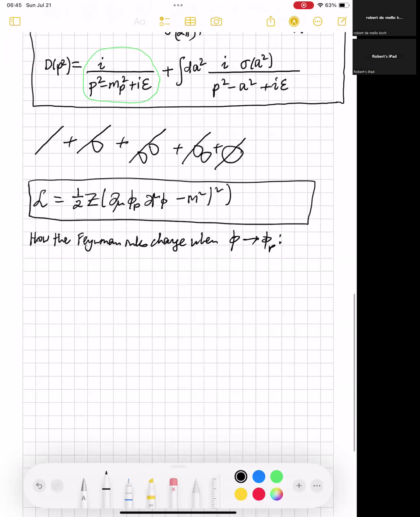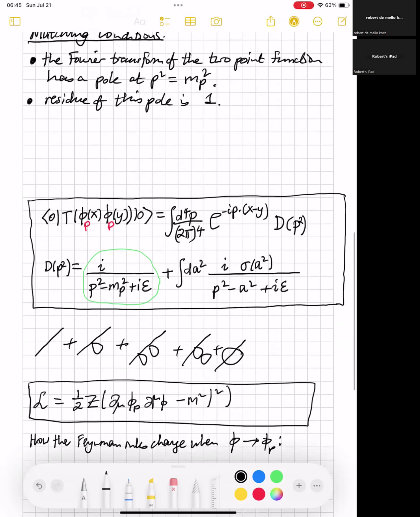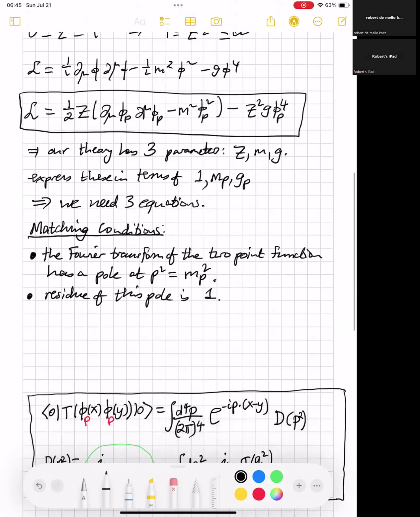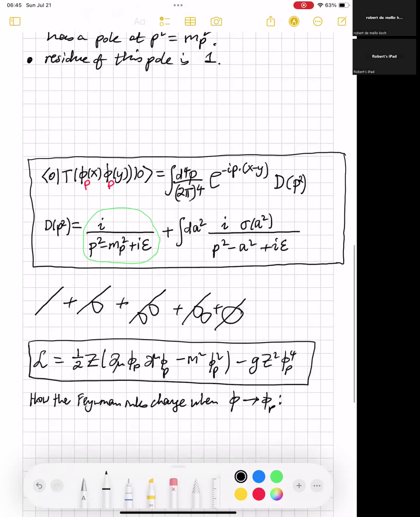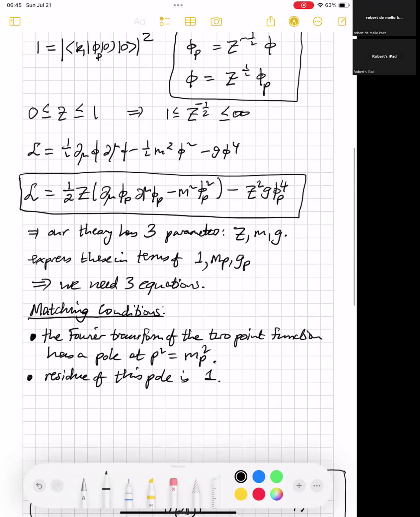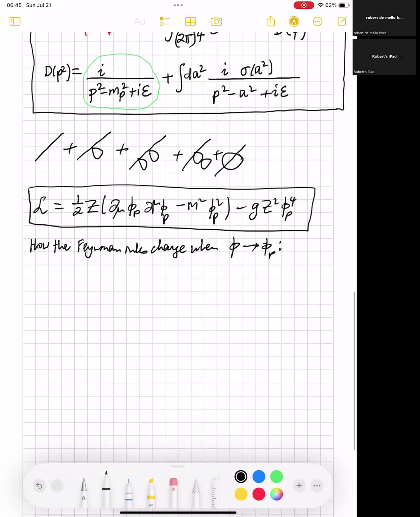Oh, this is not the whole Lagrangian. Sorry about that. Let's just correct this and put everything in. So we'll have a minus m squared phi_p squared, and then minus g z squared phi_p to the 4. Let's just check. Good, that's perfect. So here is the first change. There are only two changes.